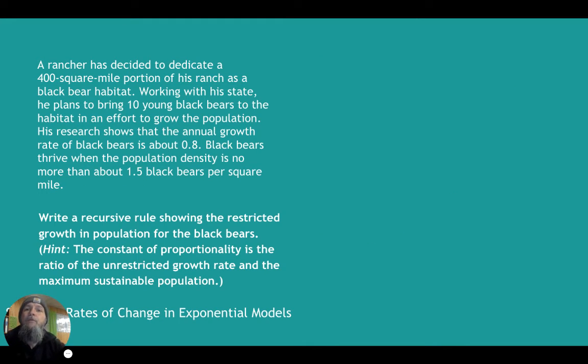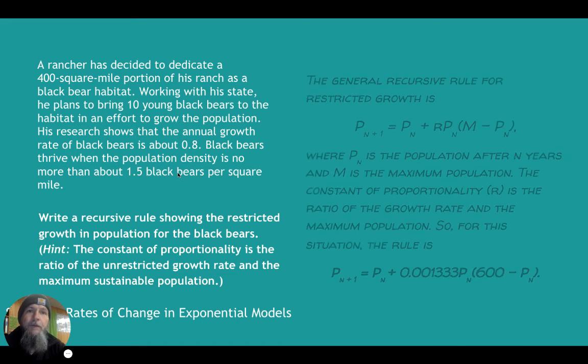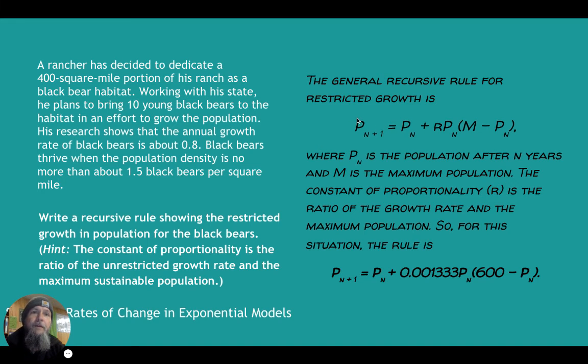So write a recursive rule showing the restricted growth in population for the black bears. Now, the constant of proportionality is a ratio of the unrestricted growth rate and the maximum sustainable population. So this is the recursive rule for restricted growth.